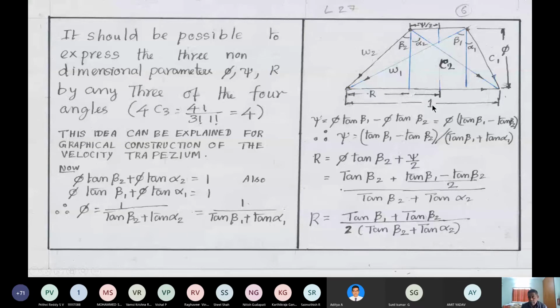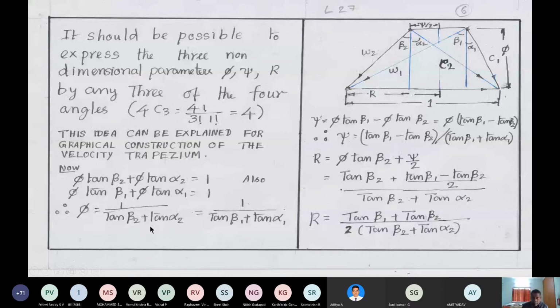Okay, in the non-dimensional velocity trapezium, base is 1. So that base is made up of phi tan beta 2 and phi tan alpha 2. So from there I can write phi is equal to 1 by tan beta 2 plus tan alpha 2.